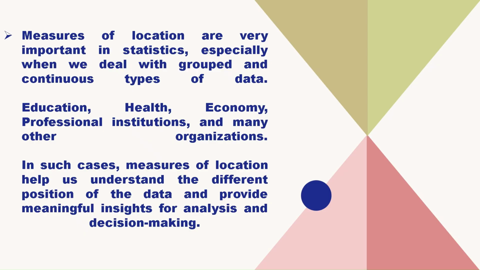In this session, we will learn how to calculate different measures of location when the data are arranged in grouped form. These measures help us identify the central tendency and distribution of the data in a systematic way. Let's begin with grouped data and understand the step-by-step procedure for calculating these important statistical measures.